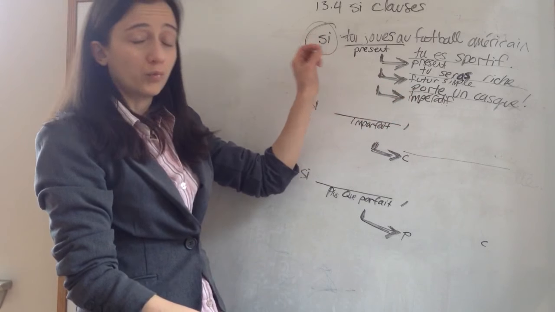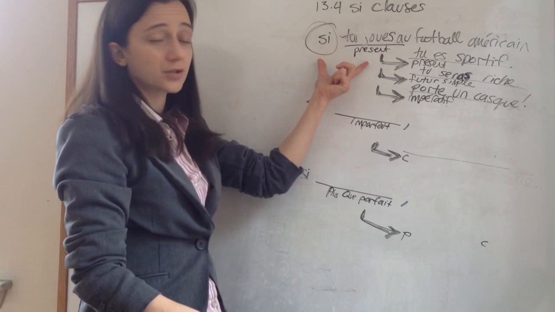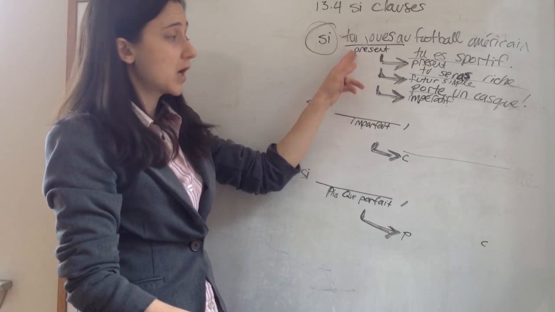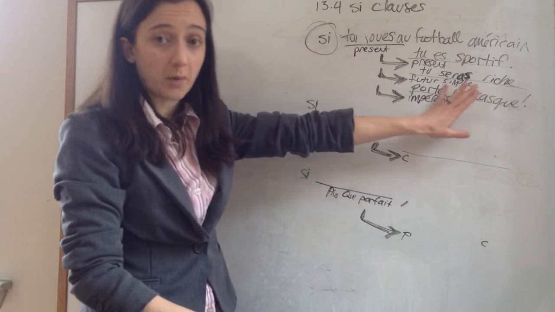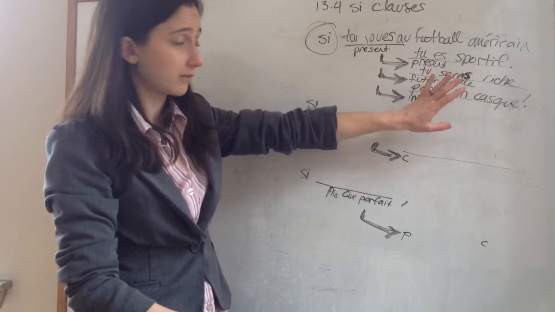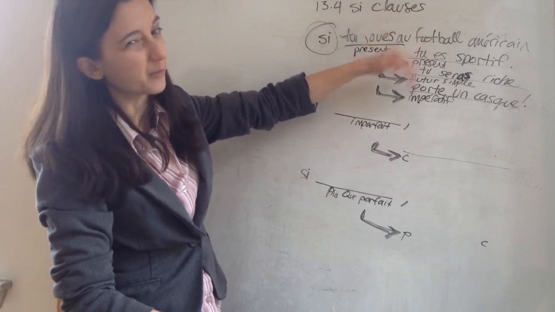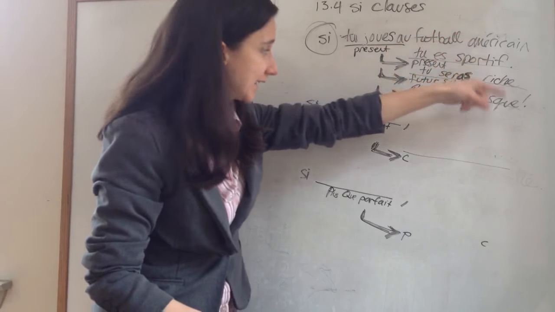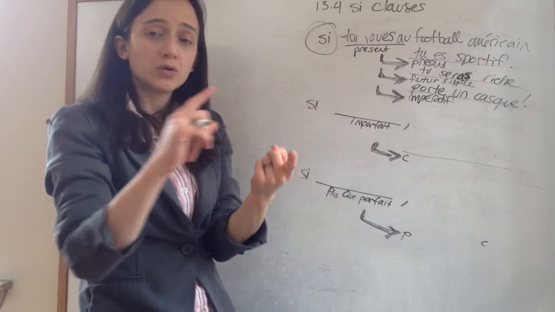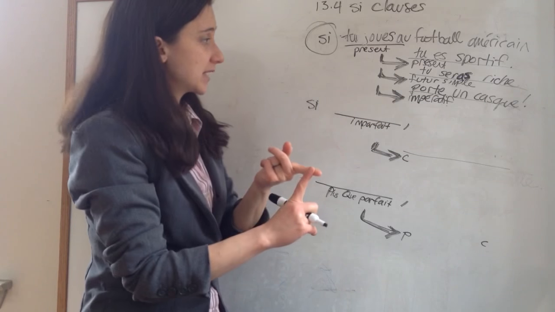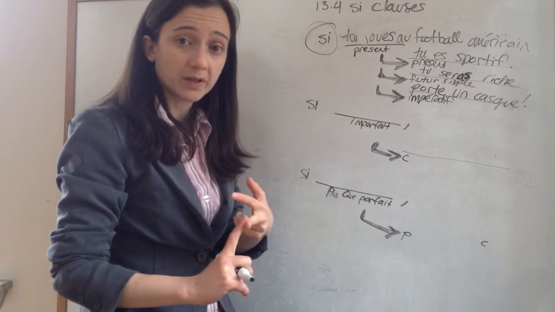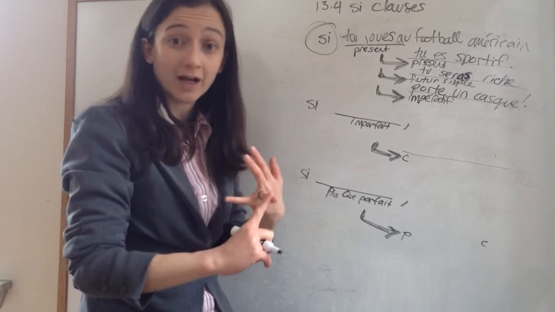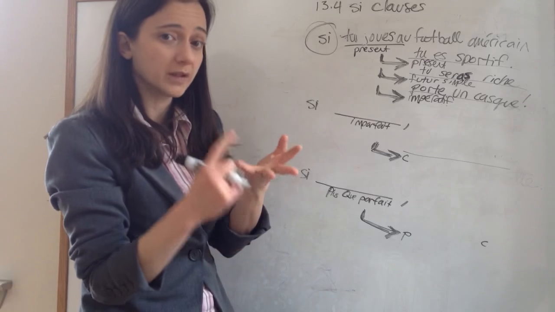So again, what we say in our conditional clause, our si, the verb that we use here, that tense, determines what is going to follow. You don't get to pick. Well, in this case, you do have 3 choices, but it has to be one of those. So, si tu joues au football américain, if you play American football, you are athletic, present tense. You will be rich, French, future tense, and wear a helmet, imperative mood, the command.